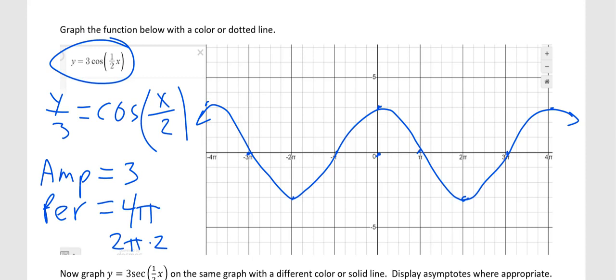So now I want to graph the one at the bottom of the screen, 3 secant 1/2 x. What happens at every one of the x-intercepts of the cosine wave? Undefined, right? So you get one of those vertical asymptotes.